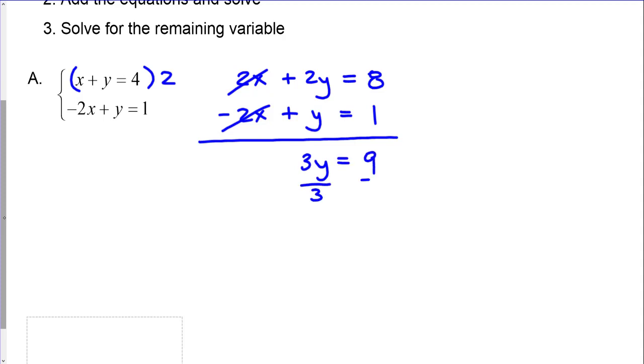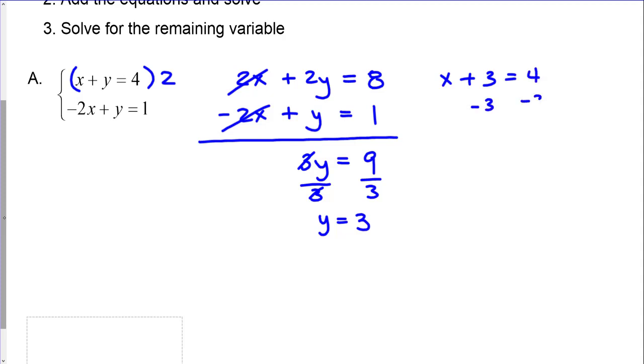And now all I have to do is divide both sides by 3 so that y equals 3. And I already have the first solution. Now I just have to come up with the other coordinate for the solution, and I can go back to any equation at this point. So x plus 3 is equal to 4.